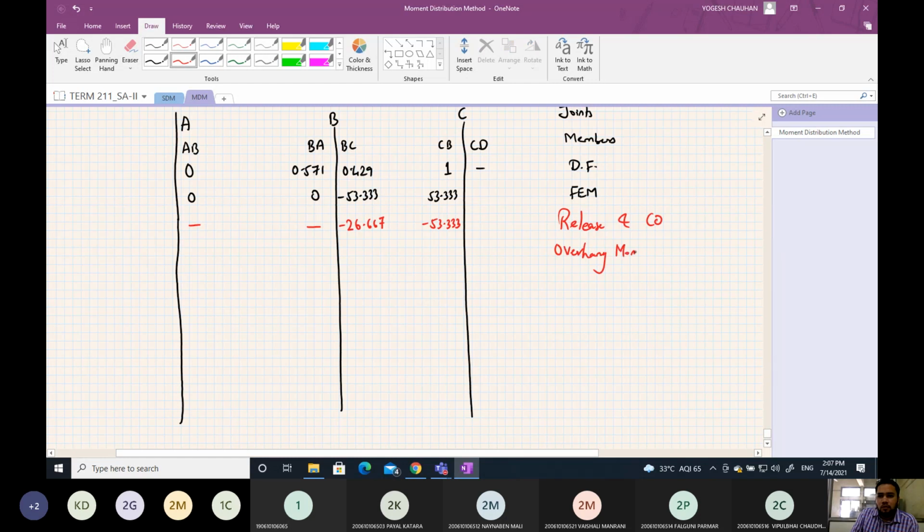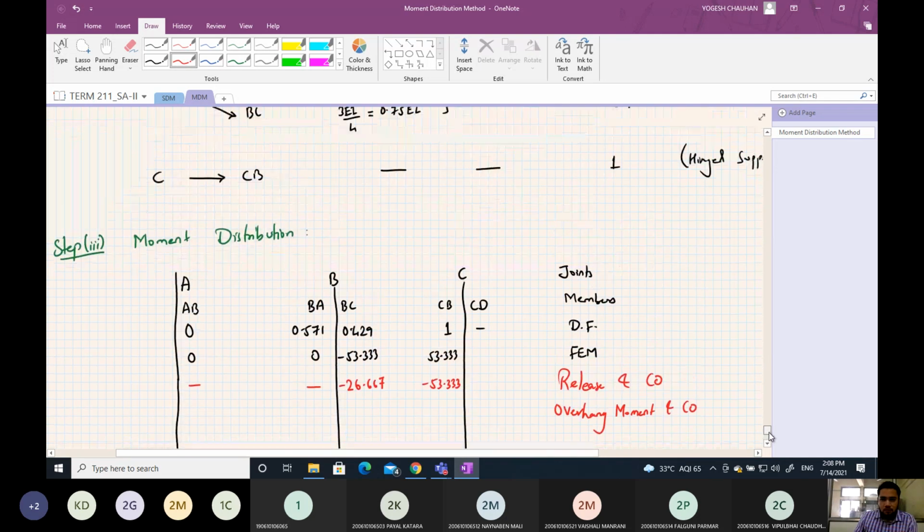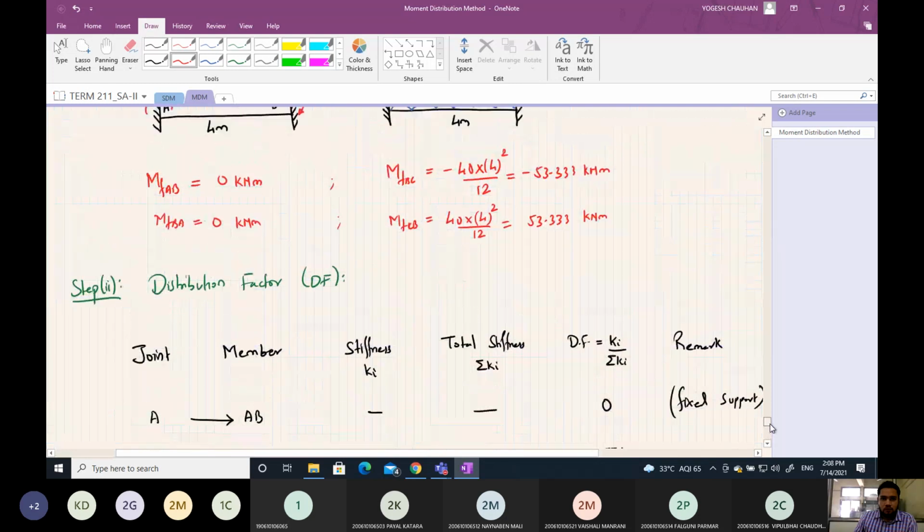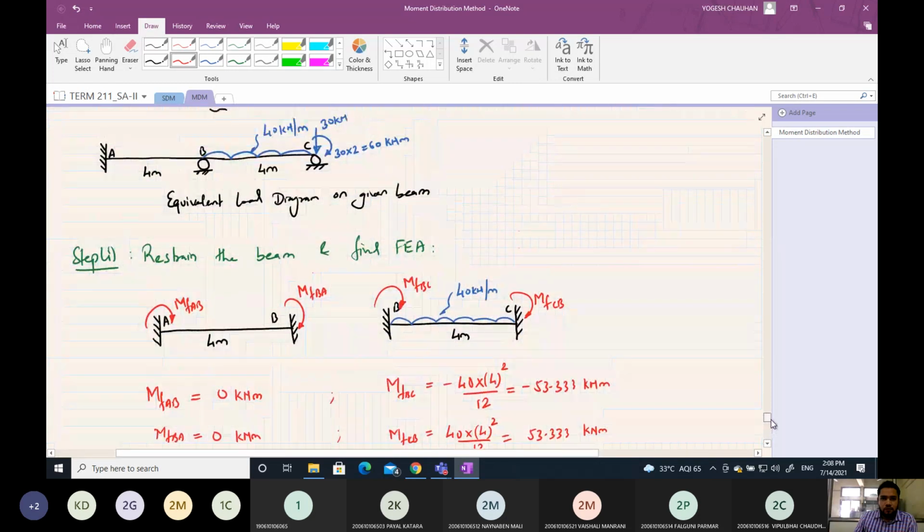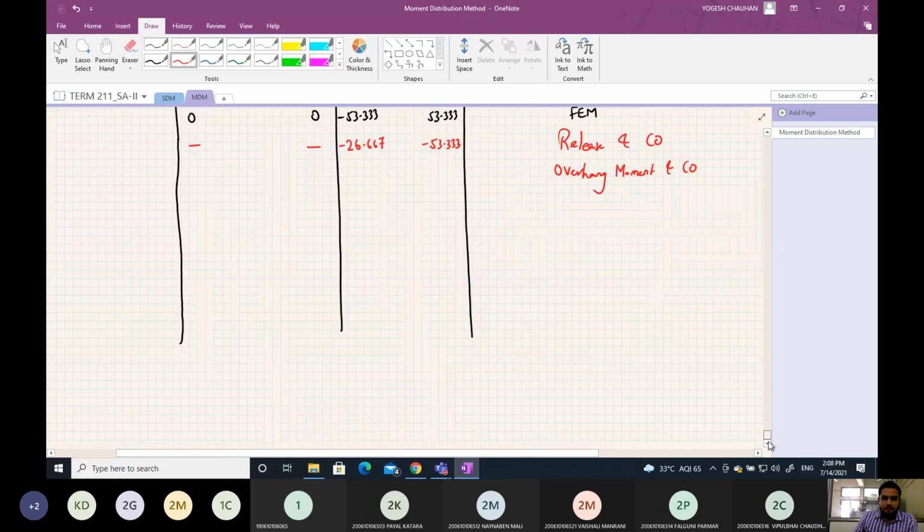Overhang moment and carry over. So the overhang moment here, it is minus 60 and plus 60 here. Now this moment will also have to be balanced, carried forward to the far end.